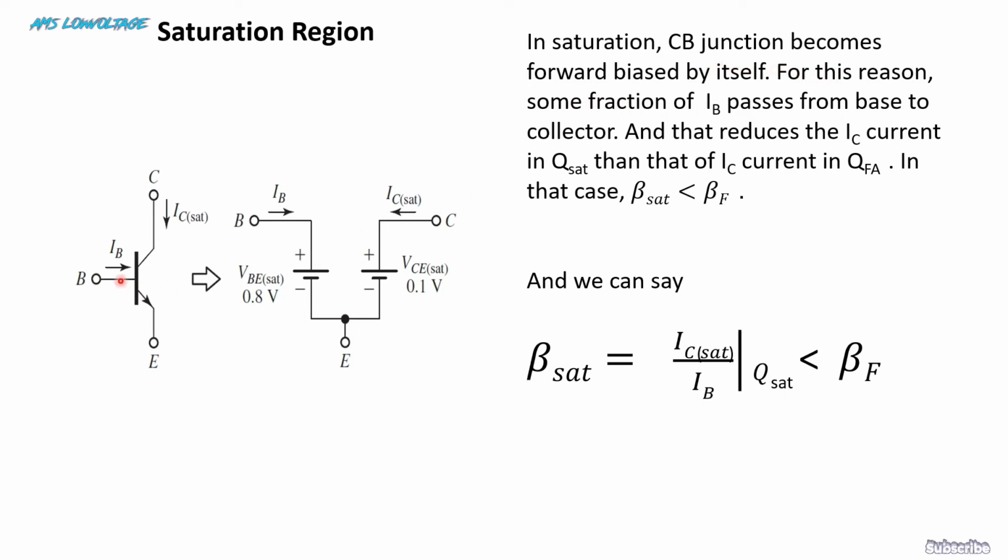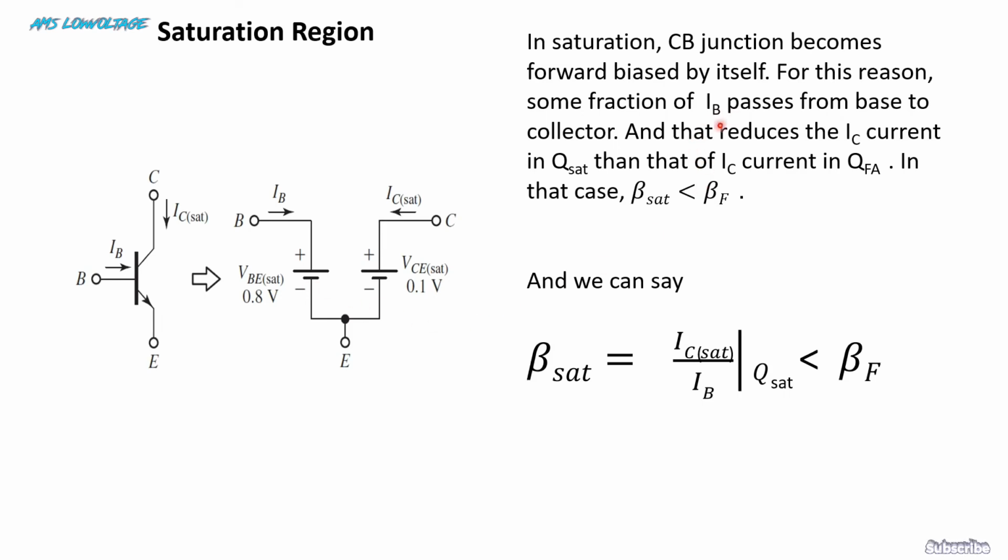The collector base junction, we have seen previously, we said for forward active region the collector base junction must be in reverse bias, but without changing physically, in saturation region this junction by itself turns to forward biased. That means NPN. If you check with the multimeter in that junction, you will see this junction turns forward biased in saturation region.